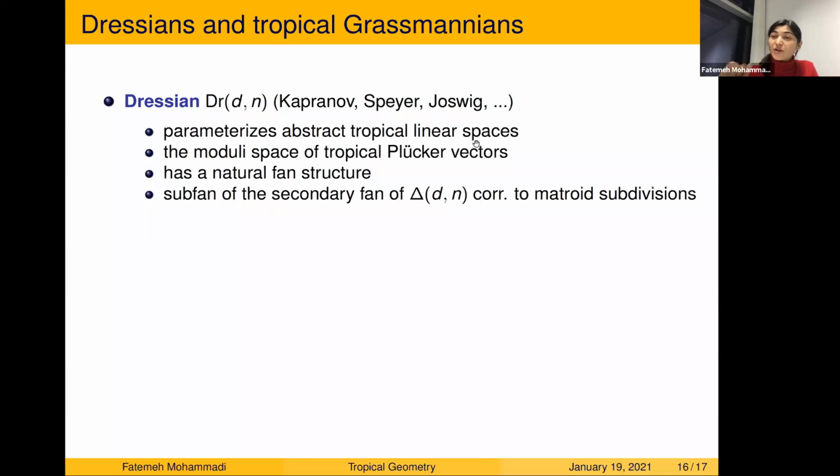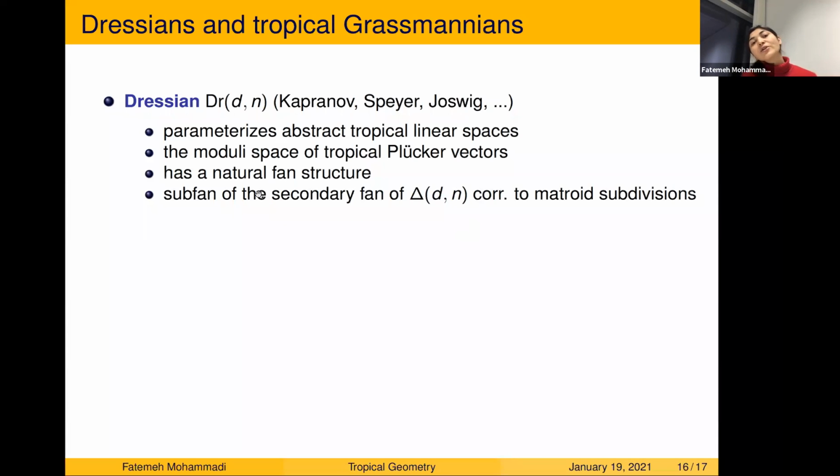It means they parameterize all those nice polyhedral complexes that you could get as a tropicalization of varieties. And they are the moduli space of all those tropical Plücker vectors. Again, tropical Plücker vectors corresponded to these subdivisions of the hypersimplex, of this polytope of the uniform matroid.